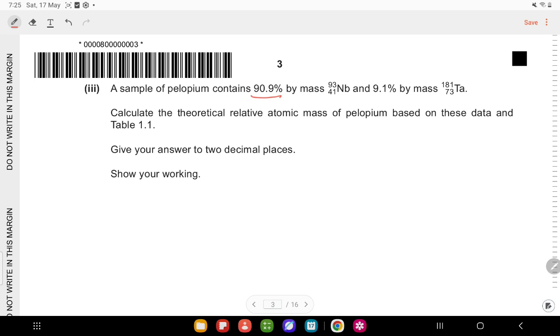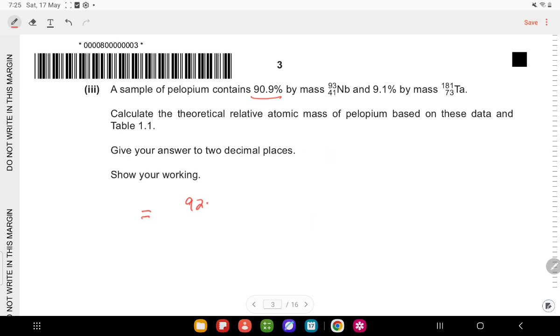Give your answer to 2 decimal places. 92.91 and 180.95 into 0.091.